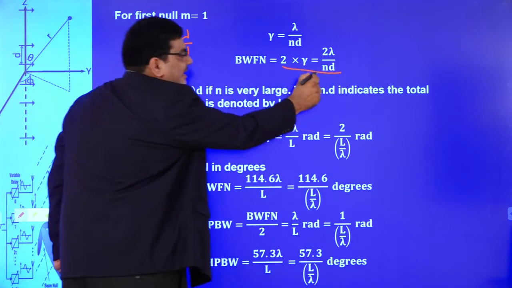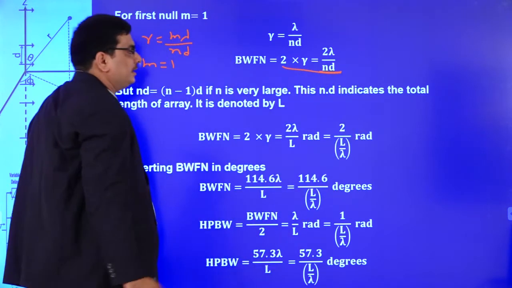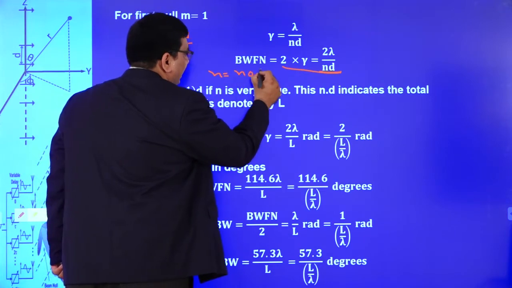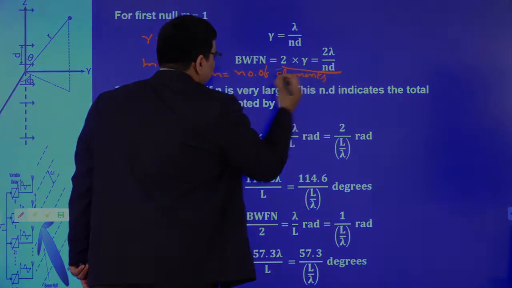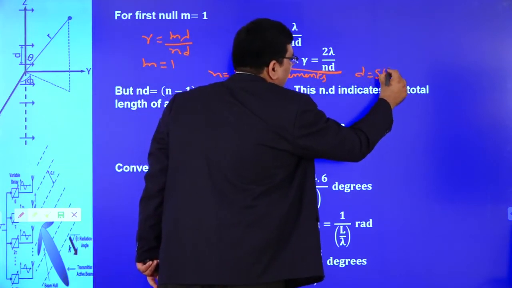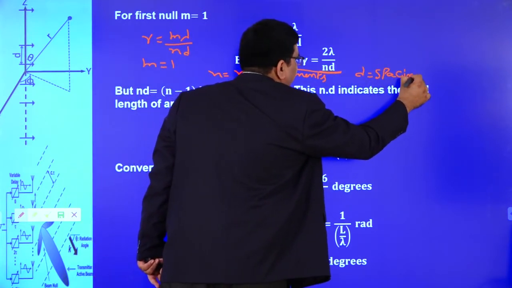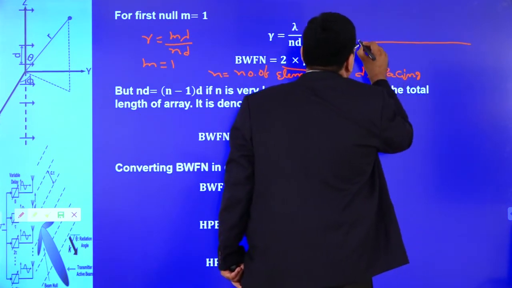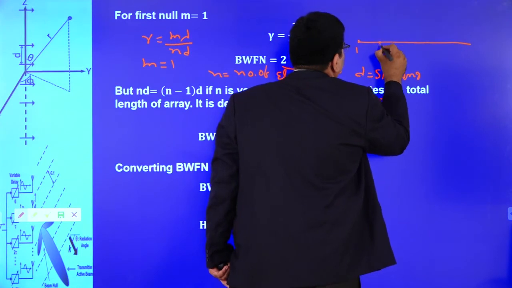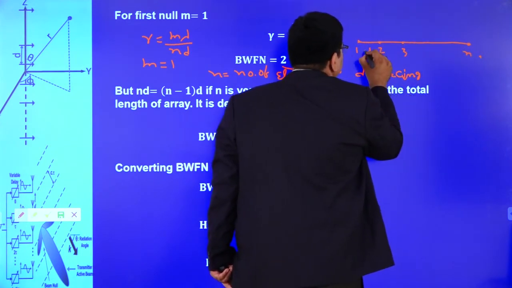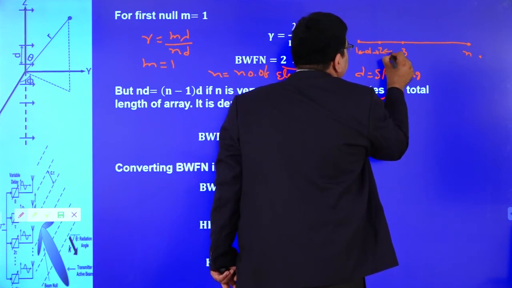So what is this nd? We know that n is the number of elements and d is the spacing between the elements. Suppose this is an n element array: element 1, element 2, element 3, like that up to element n, and the spacing between each element is d.